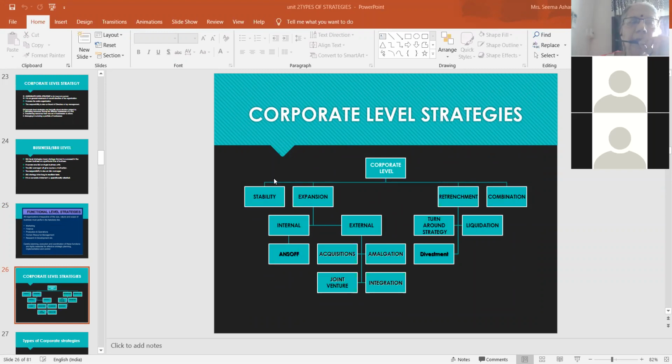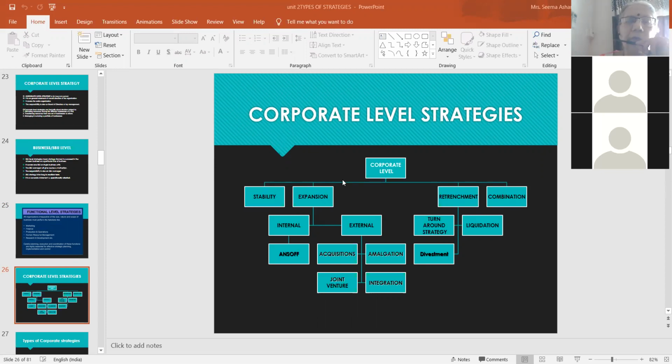They are stability, expansion, retrenchment, combination. I'll repeat. Corporate level strategy, which is the first level of strategy, has four main subtypes of strategy. They are stability, expansion, retrenchment, and combination.